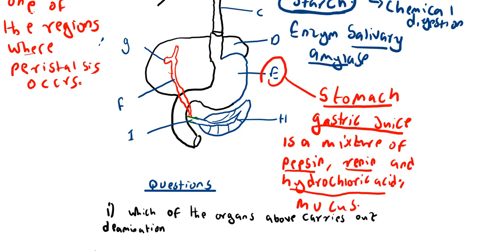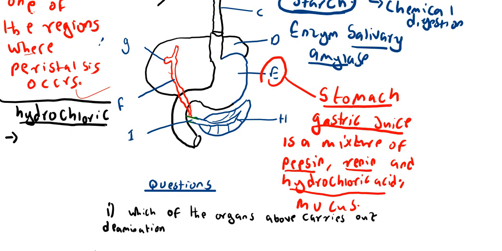Now let's try to break it down and talk about the function of each component. Let me start with hydrochloric acid. What is the function of hydrochloric acid? Number one, the simplest, is that it kills the microbes that might be present in the food.